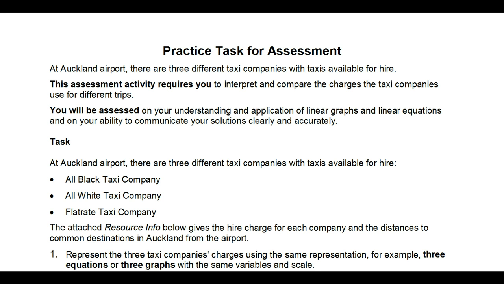So the very first thing that happens when you get your assessment description is you're going to have to read it. I would suggest that you read it relatively quickly at first, do a first reading. You skim through and essentially you're looking to identify different parts of the task description. The first thing is obviously the actual task itself.